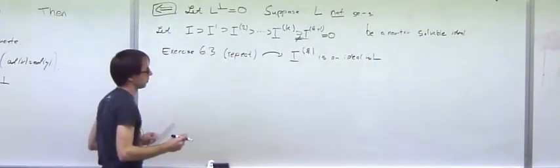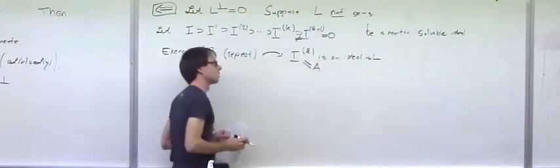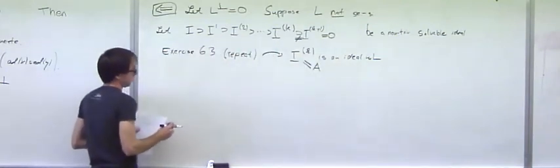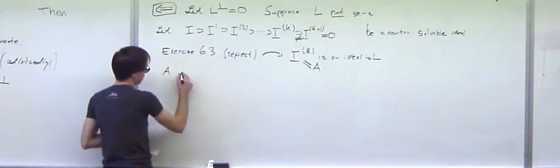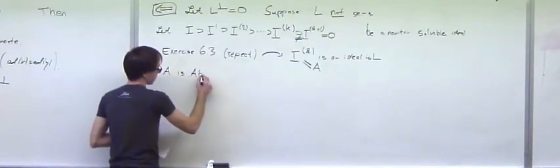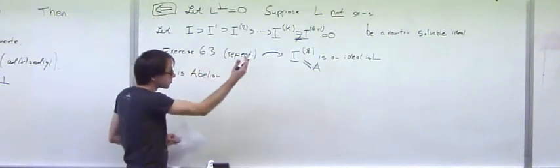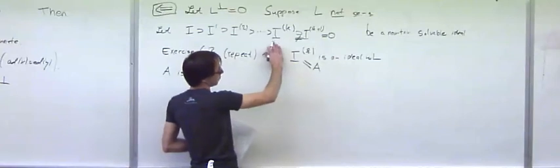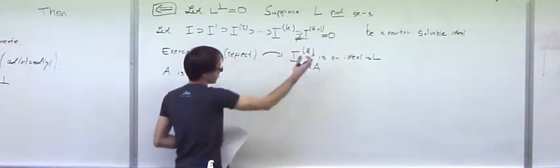Let's abbreviate this by capital A, so this is I^k, and also A is abelian. Why? Just by definition, A prime is I to the k plus 1, and this is 0.